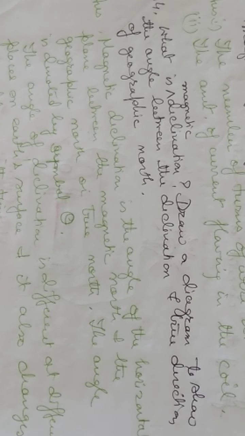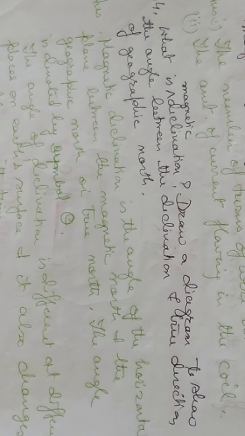The magnetic needle will swing for some time and then it will settle in a particular north-south direction. If we see that direction which the magnetic needle settles in, it is slightly away from the actual geographic north-south direction.